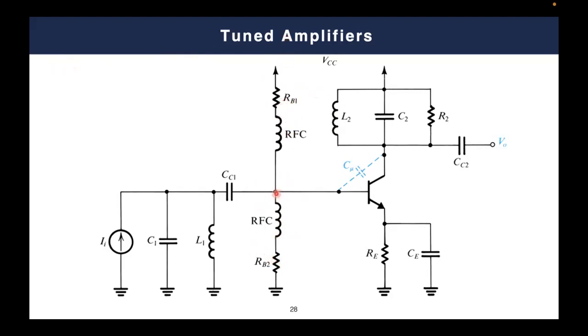So simply the voltage here is VDD times RB2 over RB2 plus RB1, which is a very straightforward potential divider.